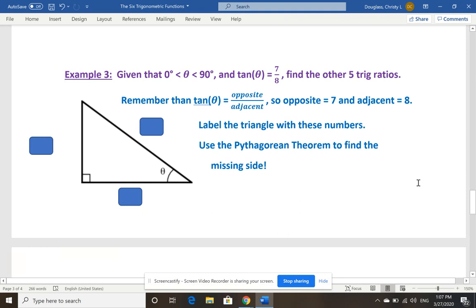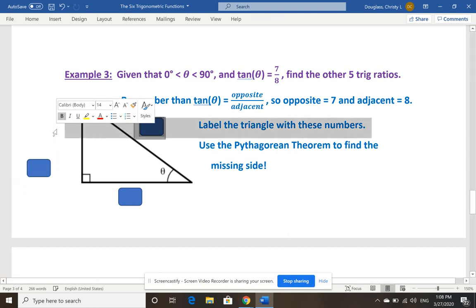Okay, so remember that the tangent of theta is simply opposite over adjacent. So the opposite side is 7 and the adjacent side is 8. I think I just removed my 7. So let me put that back in here.